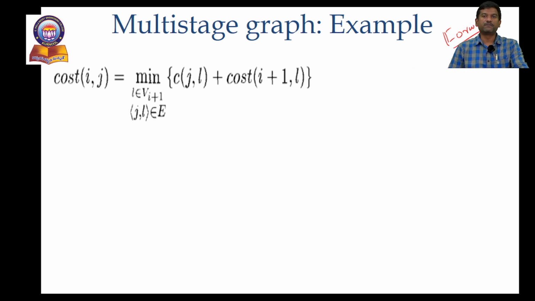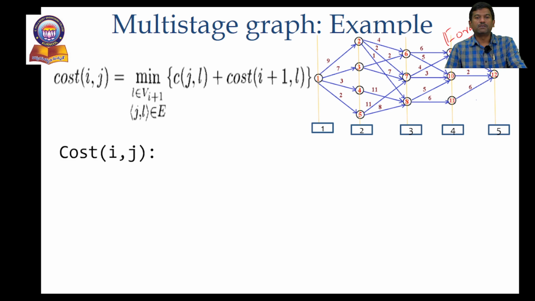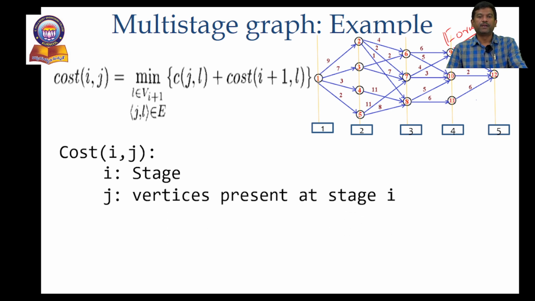You need to be aware of what this i, this j, and this l are. Considering the cost of i comma j, what does i indicate? i indicates the stage. According to the given graph, there are 5 stages ranging from stage 1 to stage 5. And j indicates the vertices that are present at stage i.